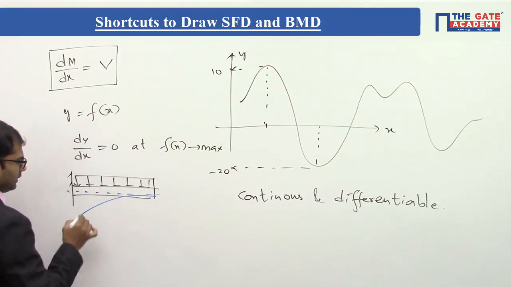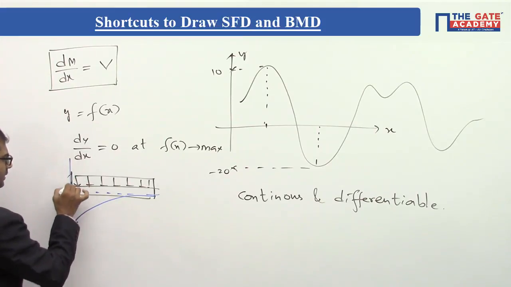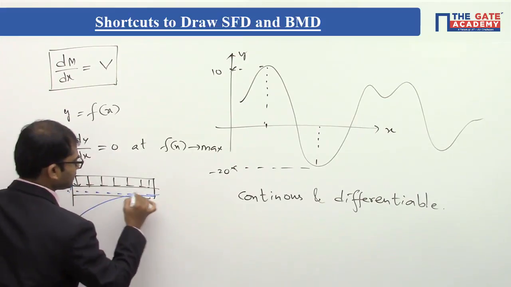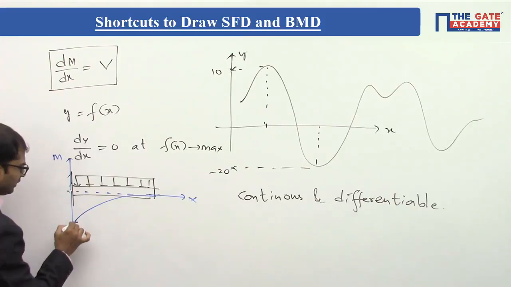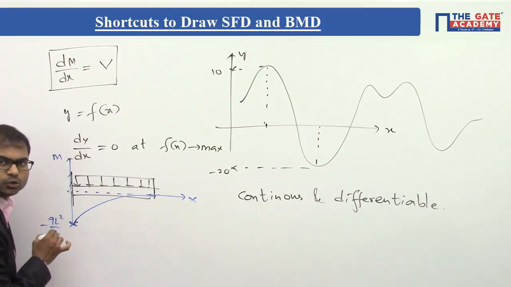Here the bending moment value is higher in terms of magnitude. If you take M and this is x, it will come out to be minus QL square by 2. You can check it later.